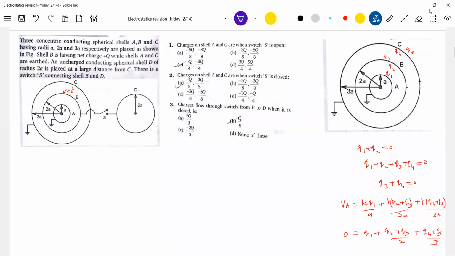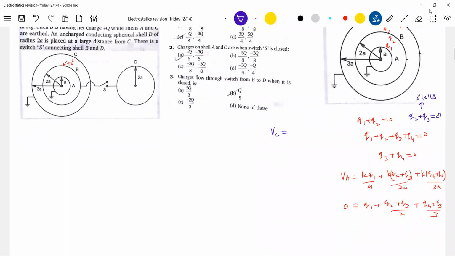The charge of a shell should be conserved, no? Then potential of shell C should also be 0. Q2 plus Q3 will be equal to Q. Substituting this, Q1 plus Q by 2 plus Q4 plus Q5 by 3.